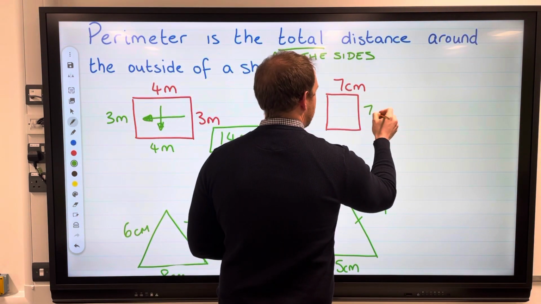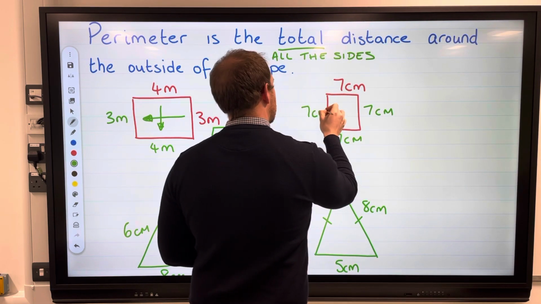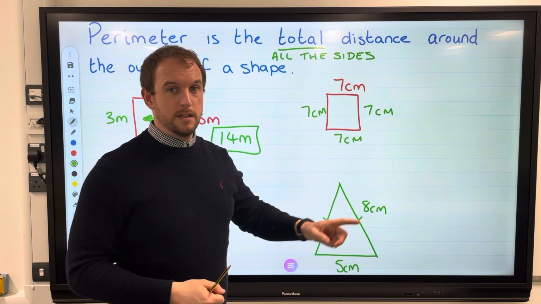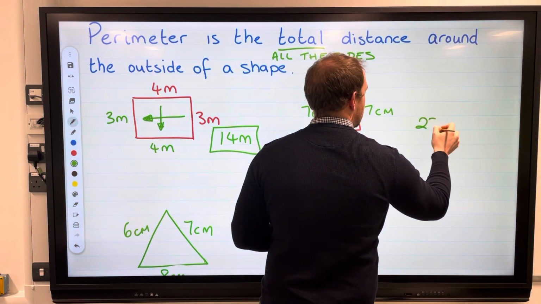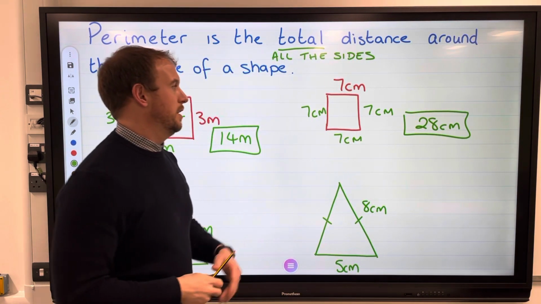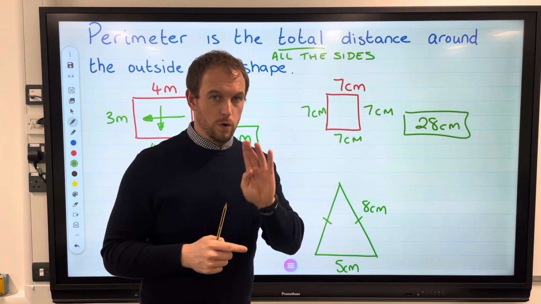So if that is 7 centimeters, that is 7, that is 7, that is 7. So I'm going to add up all 4 sides. Well, 4 sevens are 28. So that makes 28 centimeters. So I've labelled my sides and I've made sure I've counted all 4 of them up.